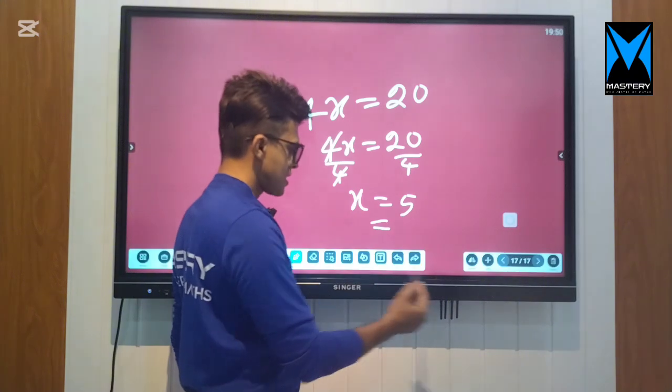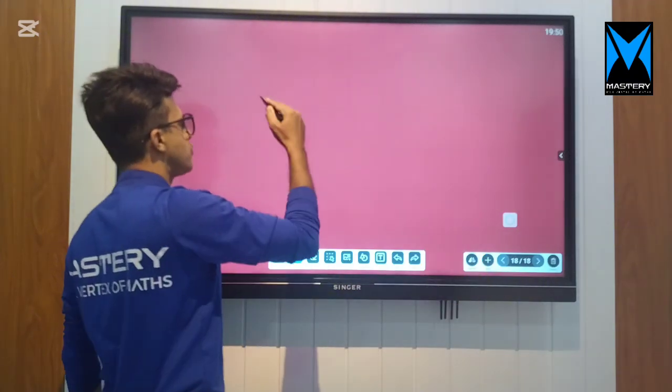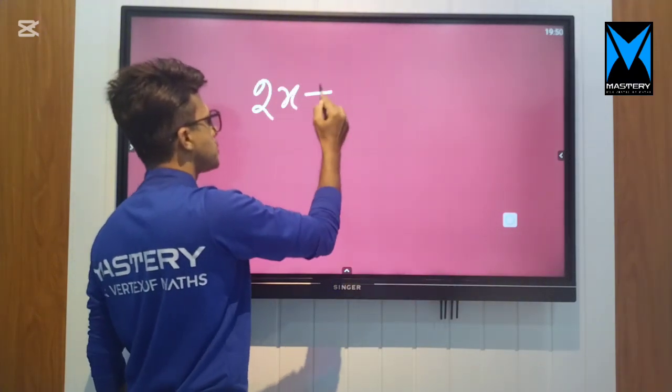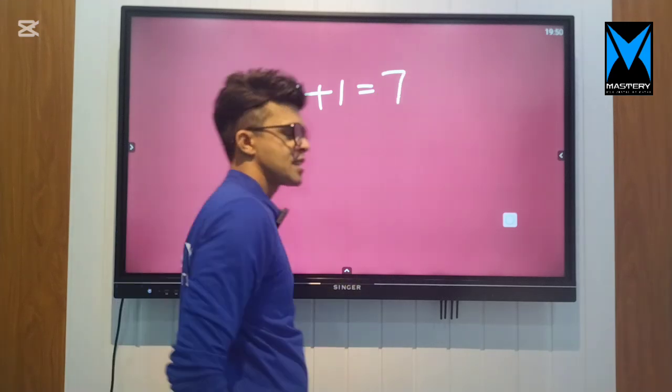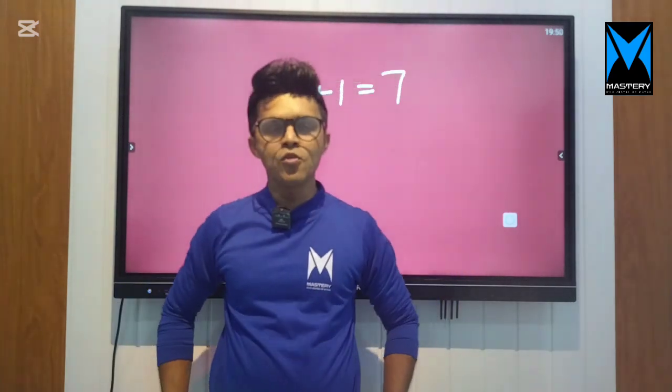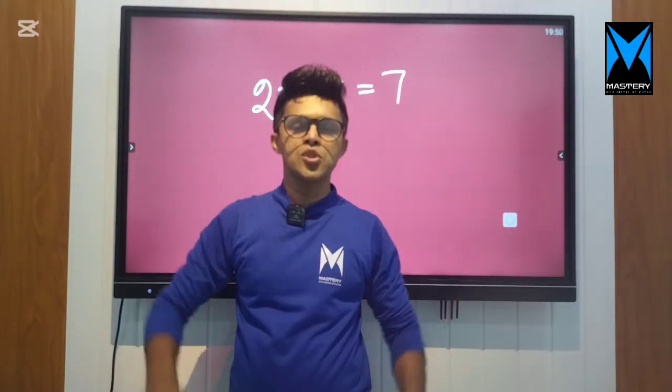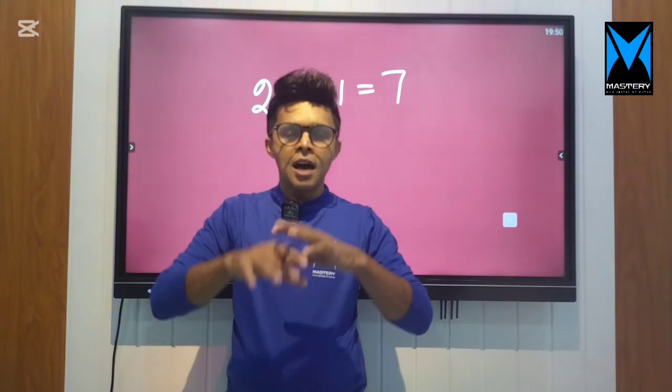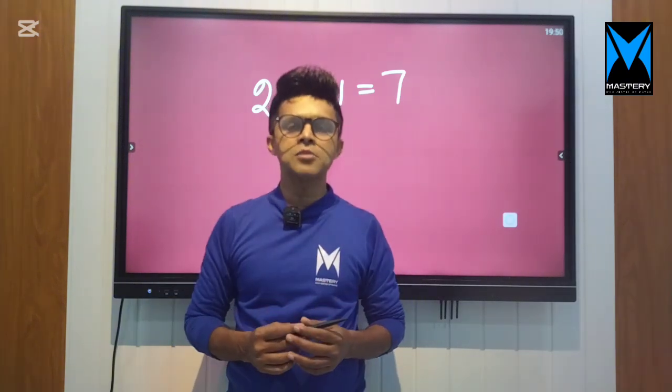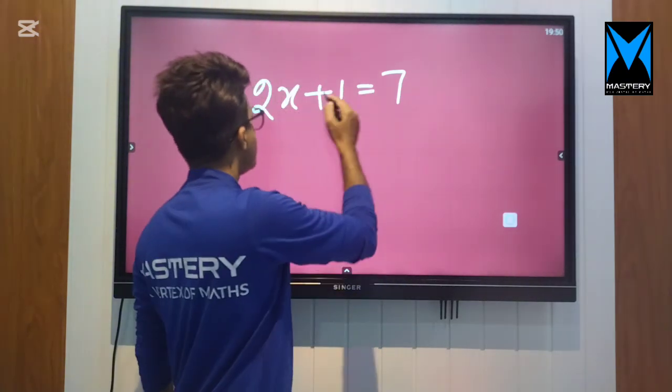Now I'll teach you the way of solving this type of one. 2x plus 1 equals 7, right? Definitely in your test paper you will see these types of equations. I'm talking about the second term test paper. Here plus 1.